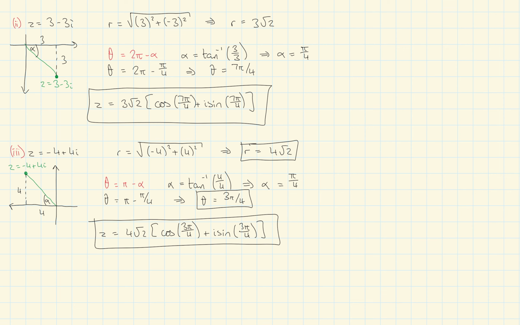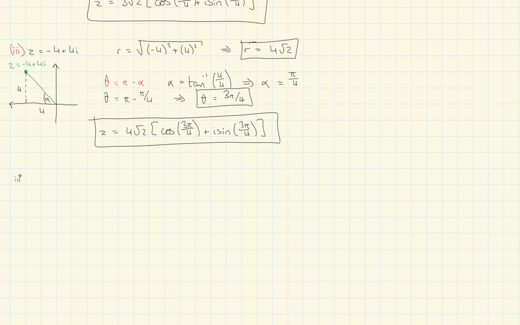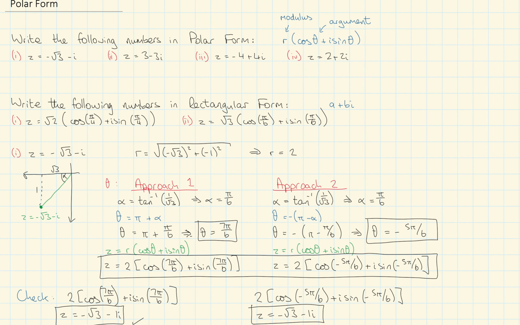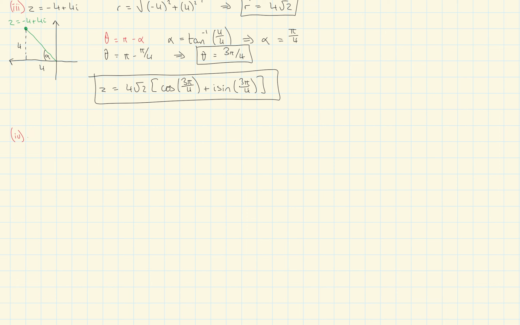That's part 3 answered. And then part 4. Our complex number is 2 plus 2i. So for the modulus, it'll be the square root of 2 squared plus 2 squared. Into your calculator, r goes 2 root 2, quick sketch. We're in Q1 here, so it's pretty straightforward.